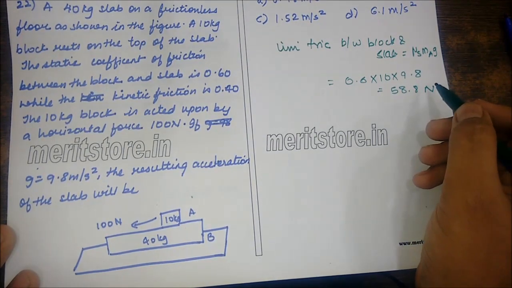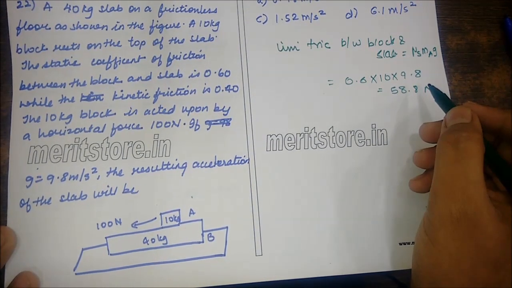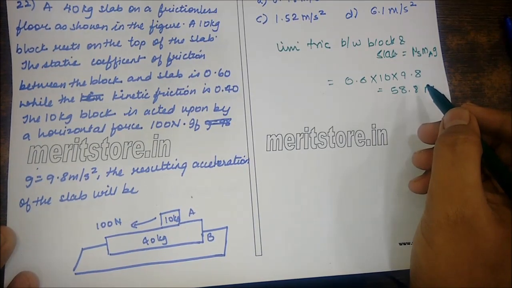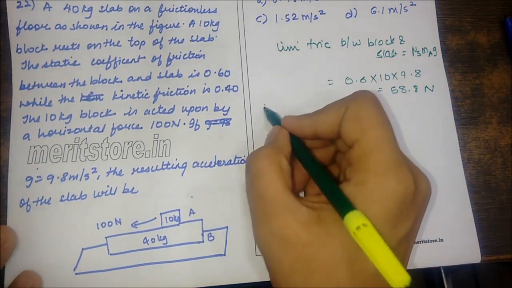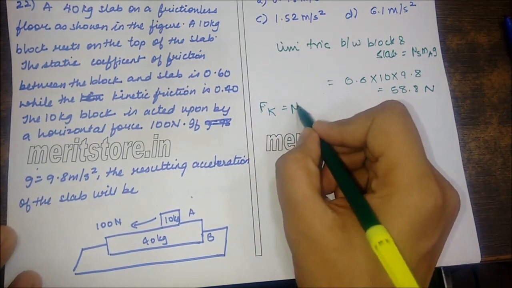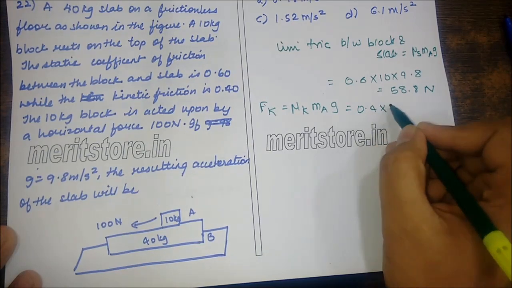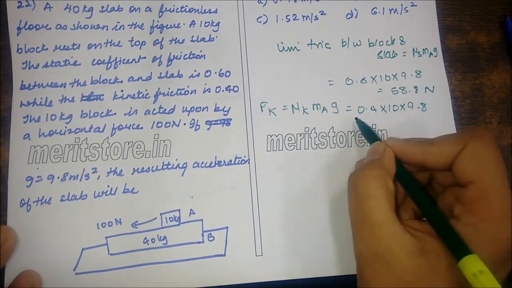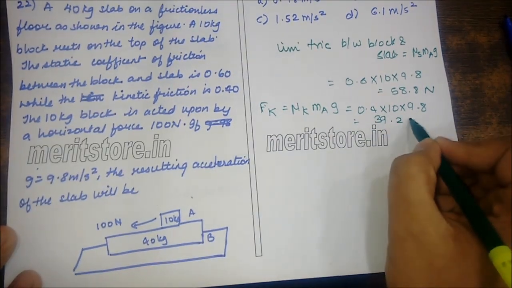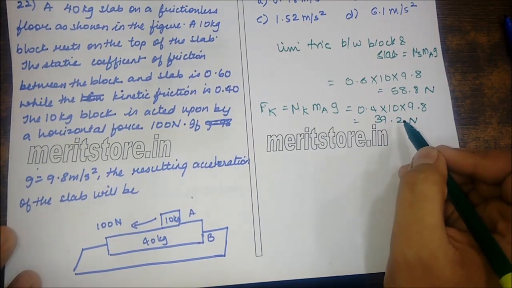Now, but applied force on the block A is 100 Newton, so the block will slip over the slab. Now kinetic friction works between block and the slab. So Fk is equal to mu k m A into g, 0.4 into 10 into 9.8, which is equal to 39.2 Newton. Kinetic friction helps to move the slab.